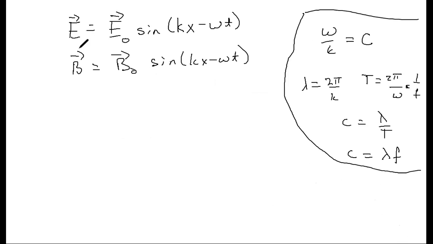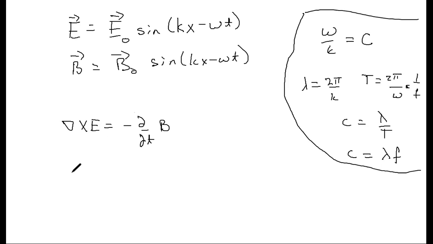So, the relationship says that del cross E is minus the time derivative of the magnetic field. Well, we can just work this out. Maybe that's the best way to do it.